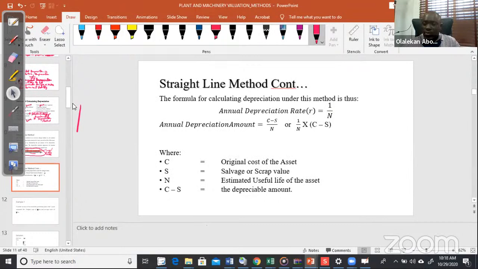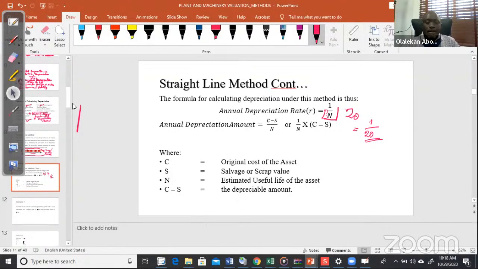That is your depreciation rate. So if you have, for example, a life expectancy or lifespan of 20 years, your rate will be what? 1/20. That will be your rate.